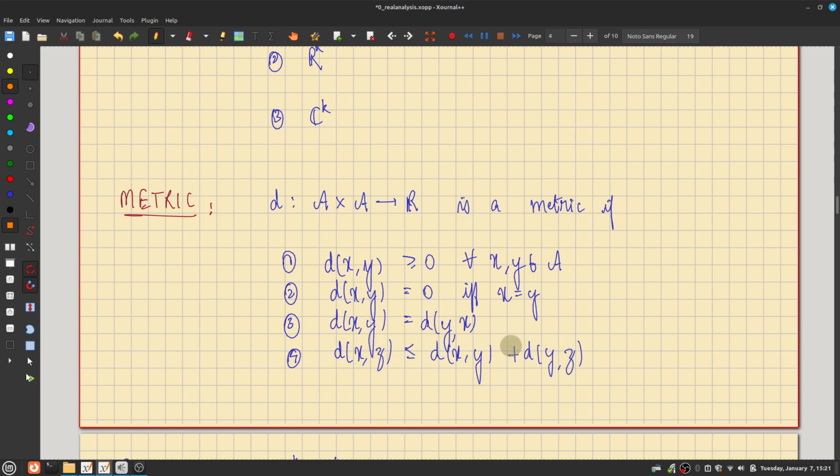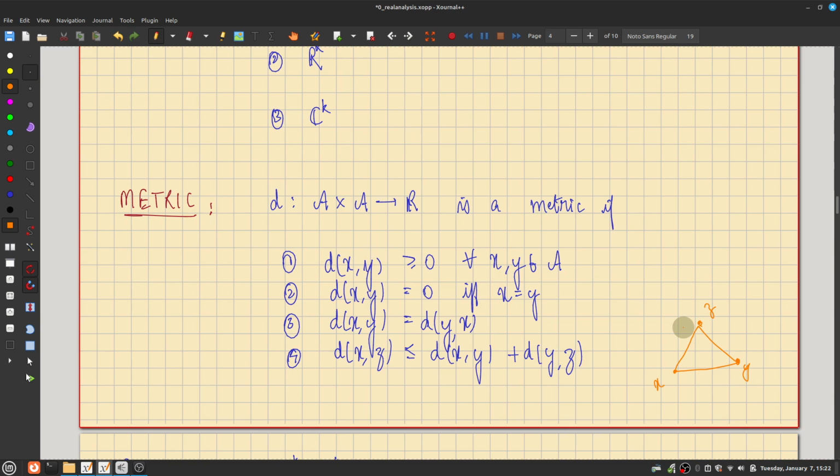and the distance also has to satisfy a triangle inequality. Essentially, you take any 3 points, right? The distance from x to z is always going to be less than or equal to the distance from x to some point y plus the distance from y to another point z.